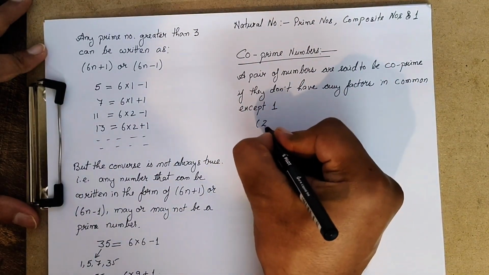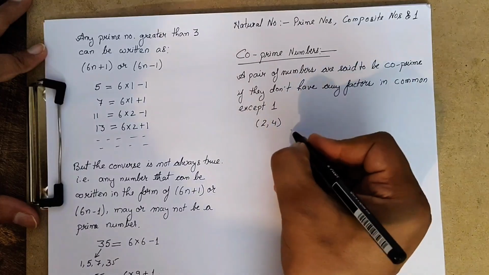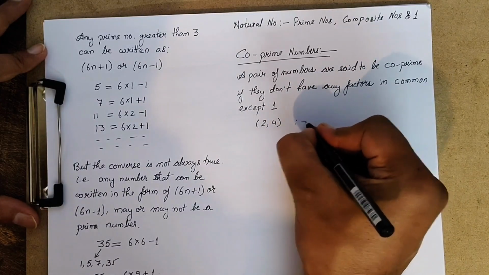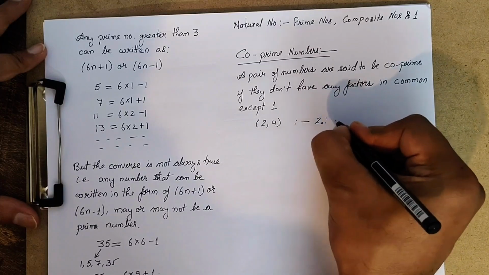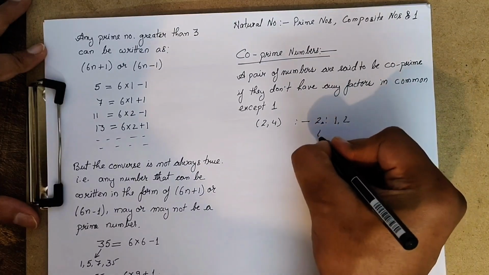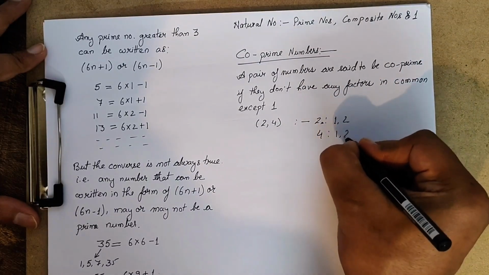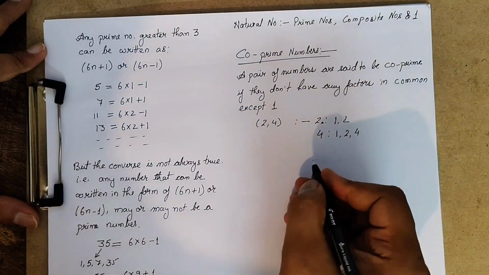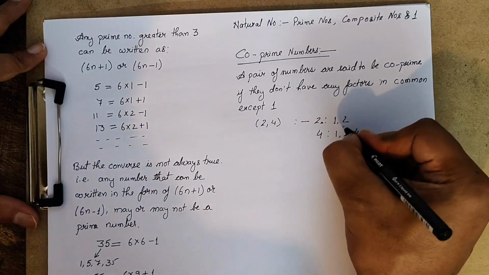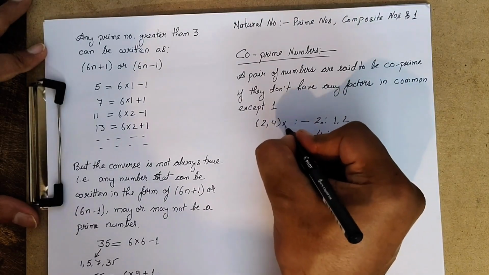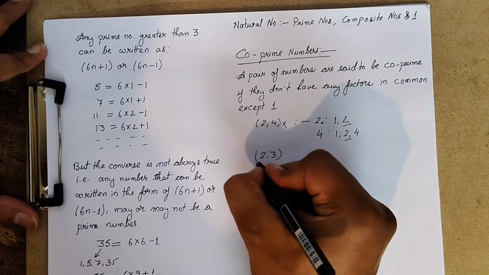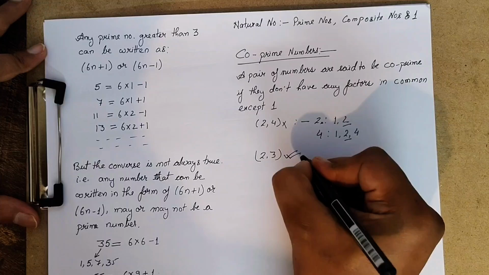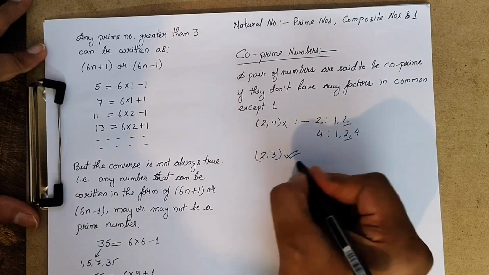Say for example, 2 and 4. Are they co-prime? The factors of 2 are 1 and 2, and the factors of 4 are 1, 2 and 4. So they have 2 in common, so they are not co-prime. 2 and 3: yes, they are co-prime because the factors of 2 are 1 and 2, and of 3 are 1 and 3.